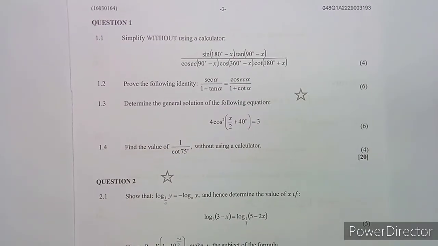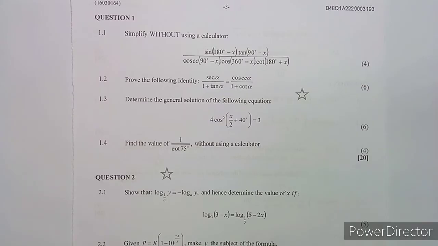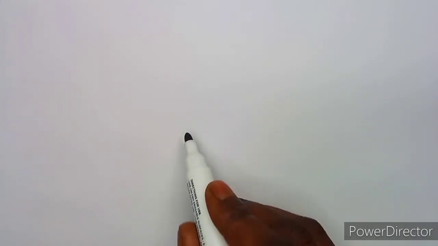Okay, so find the value of 1 over cot, it's 1 over cot actually, not cos, without using a calculator. All right, so this is what we have, guys. 1 over cot. We know that 1 over cot is going to give us tan, because we know that 1 over tan is cot. So if it is 1 over cot, then it's going to be tan.